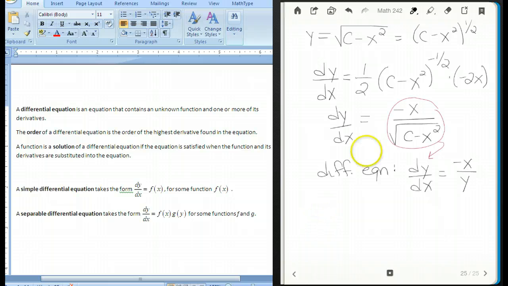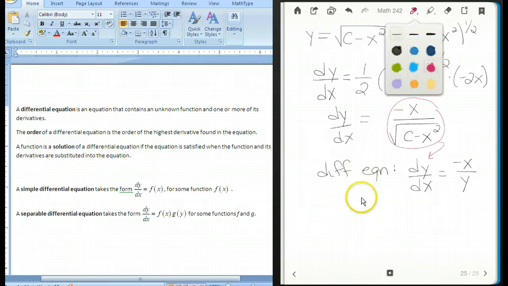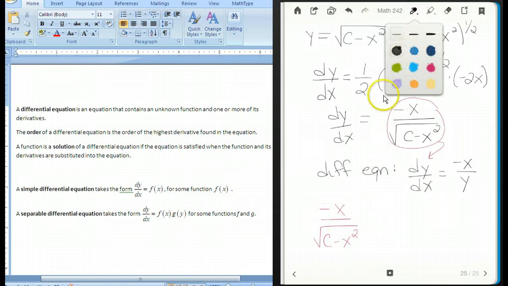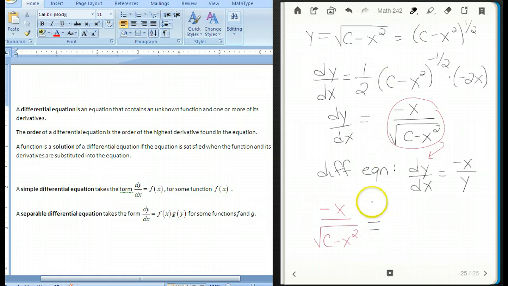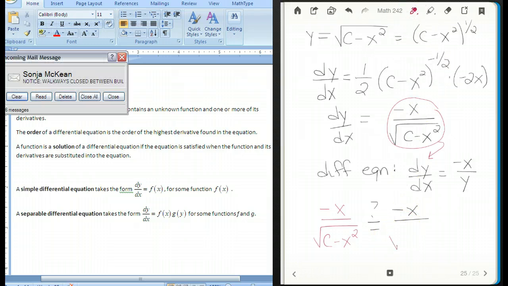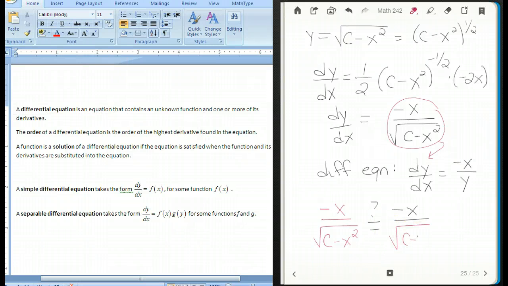I'll write it in pink so you can see what I'm plugging in on the left-hand side. That's dy/dx. Now does that equal negative x over y, where y is the square root of c minus x squared?